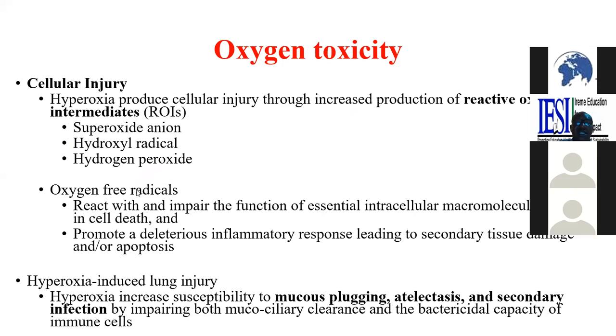They react with and impair the function of essential intracellular macromolecules, which can result in cell death. They can also promote an inflammatory response in tissues. Then hyperoxia-induced lung injuries, especially mucus plugs, lung atelectasis, and secondary lung infections. Thank you. Yes, I think this is the correct answer.